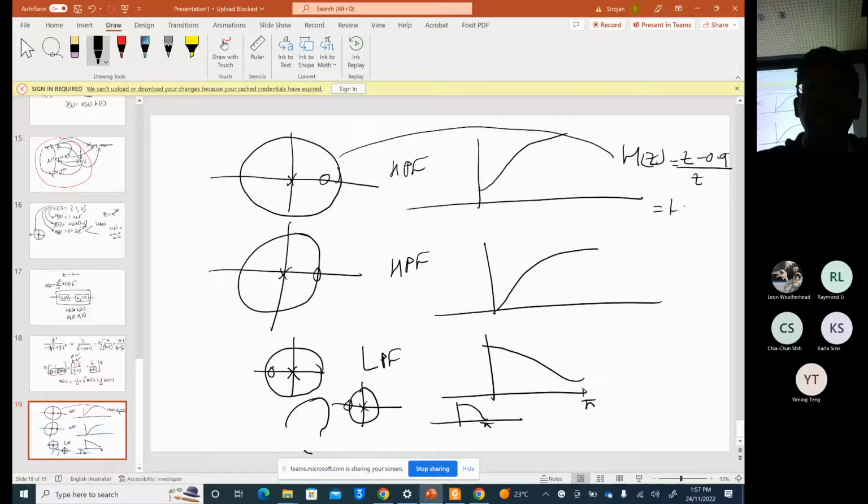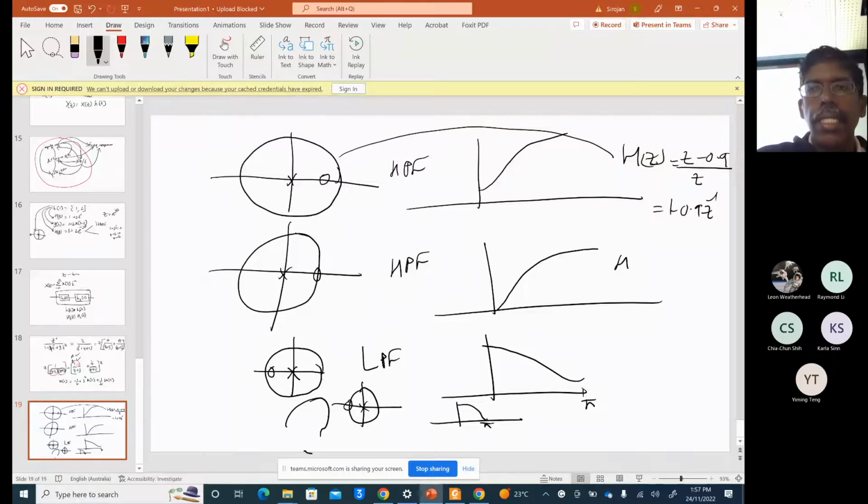So that is 1 minus 0.9 z to the minus 1. Likewise, you can write the Z transform if you are given this one. And let's say this is H(z) equal to 1 minus z to the minus 1.